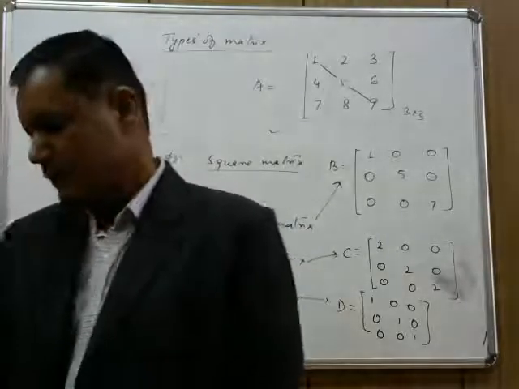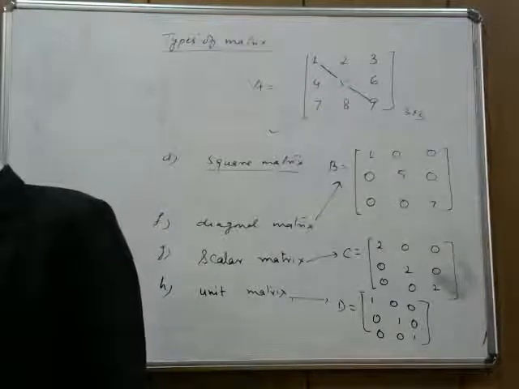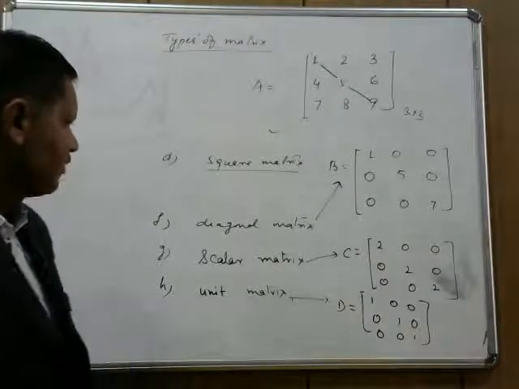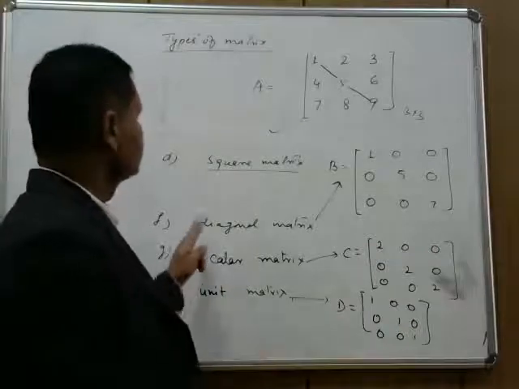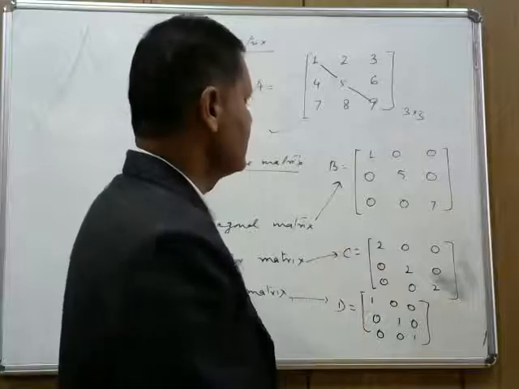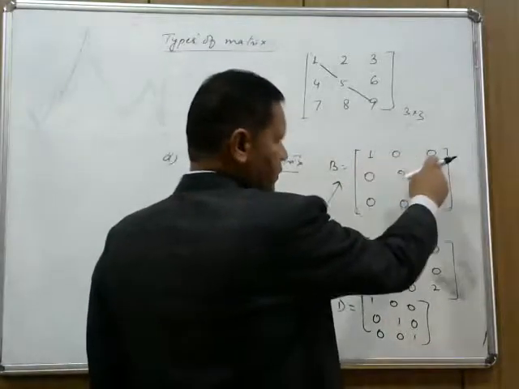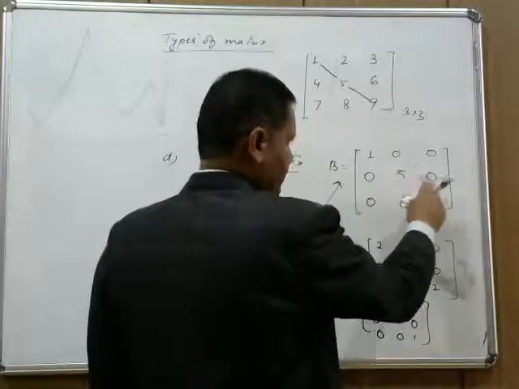Okay. Now also we can define it in a different way. For diagonal elements, if you see the address of the diagonal elements, always here A11, A12, A13, A21, A22, and so on.